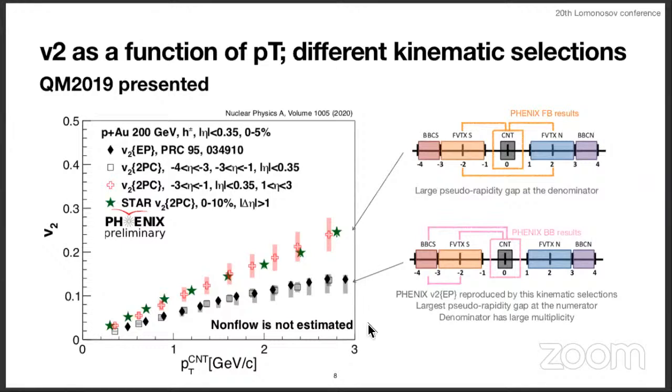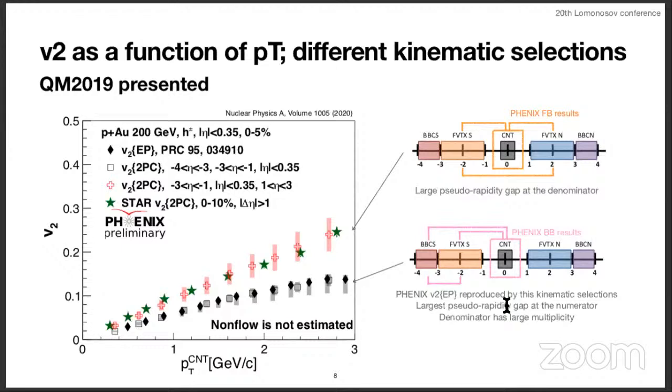This is because of the correlation effects in the PHENIX FB results, because the larger pseudorapidity gap is accumulated in the denominator, so the correlations between the south and north have large pseudorapidities, and the strength of the correlations is suppressed.